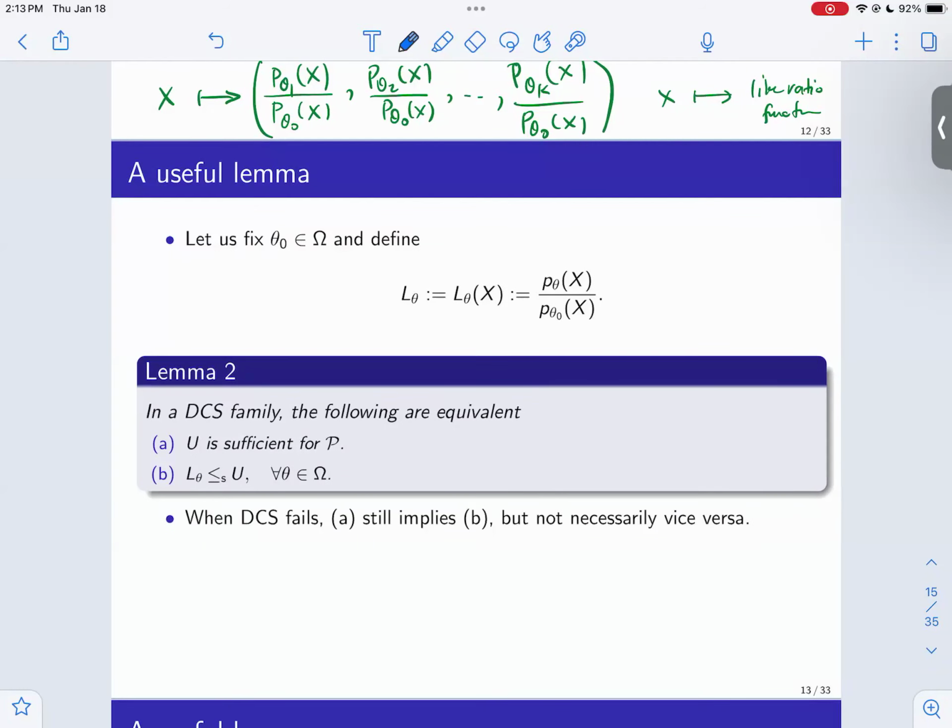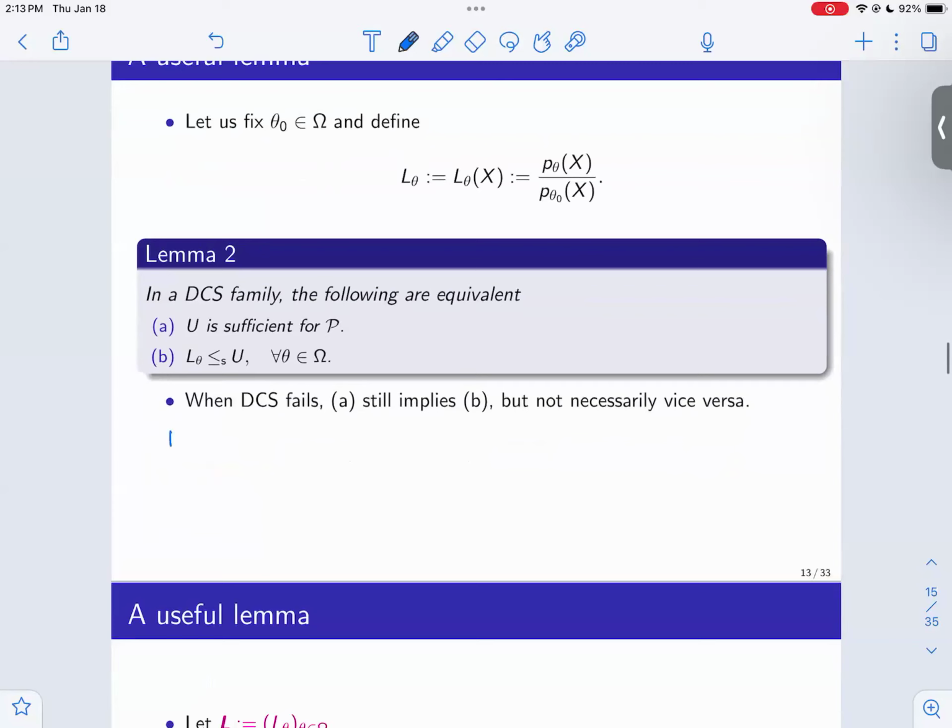And the way to show it is really simply by the factorization theorem. So assume U is sufficient. Then I can write P theta of x as G theta of U of x times H of x for some G theta, by the factorization theorem, if you recall.